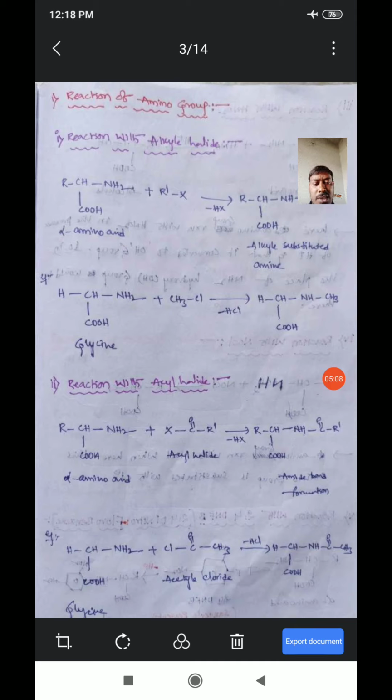Then the next reaction, with acyl halide.